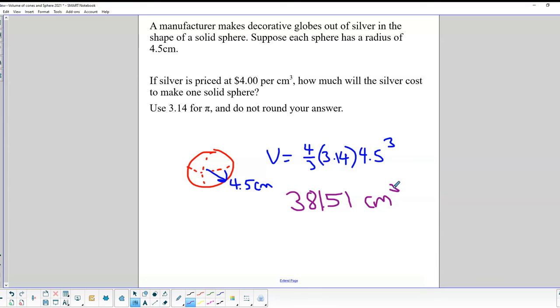All right, so if the silver is priced at $4 per cubic centimeter, how much will it cost to make one solid sphere? So we're going to take this number, 381.51, and times it by 4.